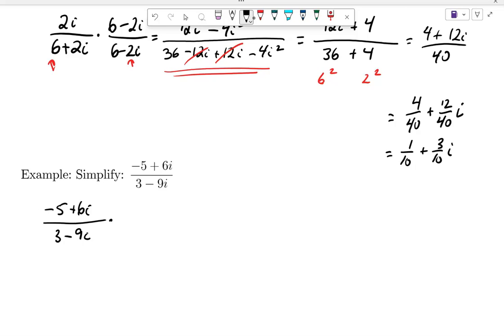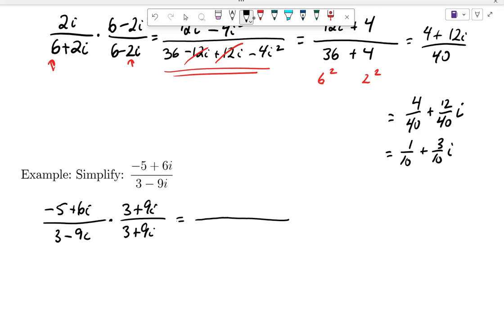Well, if we want to simplify this and do the division, so we multiply by, yep, the 3 plus the 9i over 3 plus the 9i, right? We're going to flip the sign in the middle. Now we'll distribute out the bottom, distribute out the top here in a second.